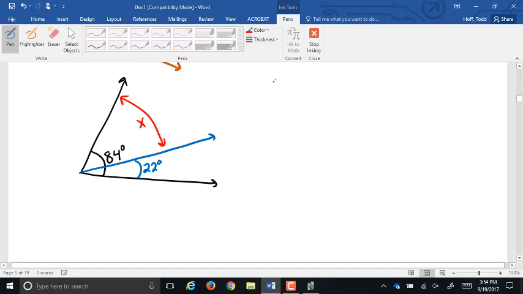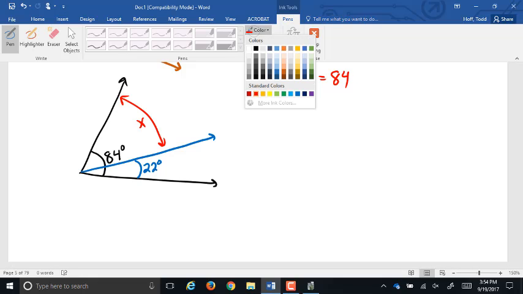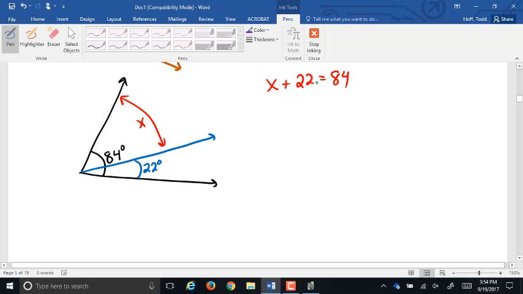Well, if I call that x, x plus 22 has to equal 84. So I would solve that by subtracting 22, and x equals 62 degrees. So those adjacent angles can be added or, in this case, subtracted to find missing angles in the set.